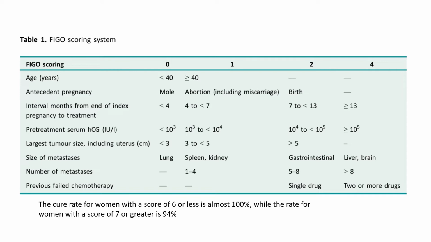The cure rate of women with a score of 6 or less is almost 100%, while the rate for women with a score of 7 or greater is 94%.